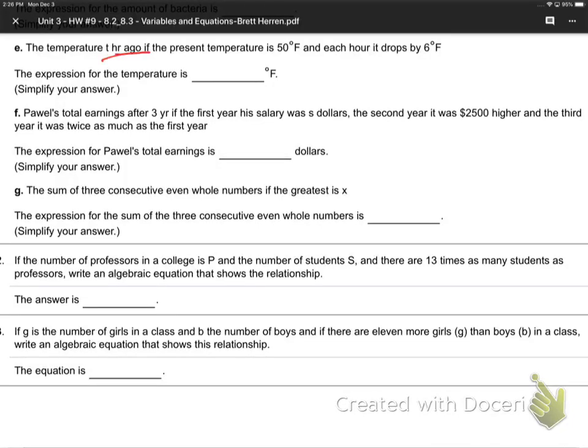Number 1, part E. The temperature T hours ago, if the present temperature is 50 and each hour it drops by 6 degrees.